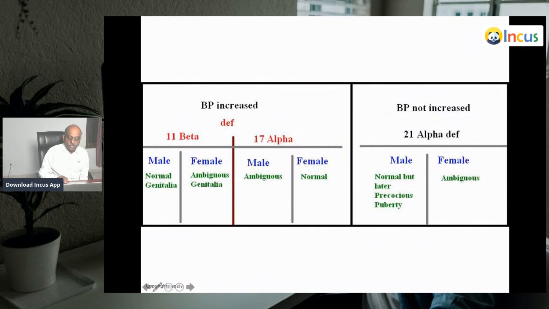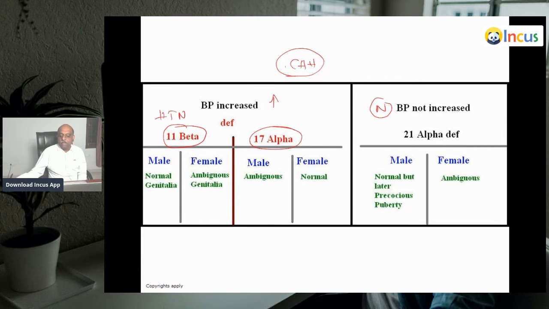Doctor, this is something that you need to keep in mind and remember. In congenital adrenal hyperplasia, first thing, BP raised, BP not raised. BP raised, hypertension happens in 11 beta and 17 alpha.